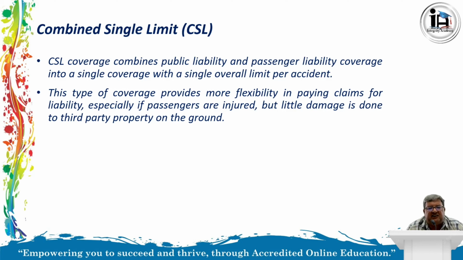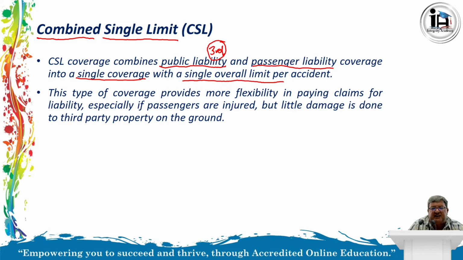A combined single limit. Now that word says it all. It's a combination where there's a single limit. So CSL coverage combines that public liability, the third party we talked about, and the passenger liability coverage into a single coverage with a single overall limit per accident.